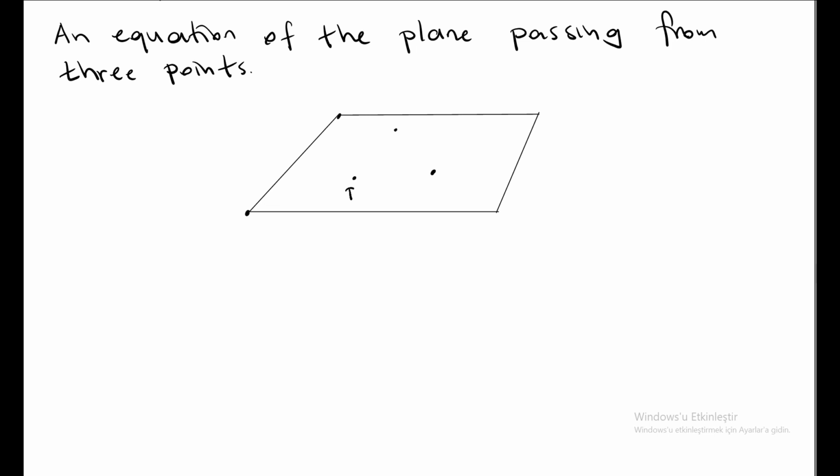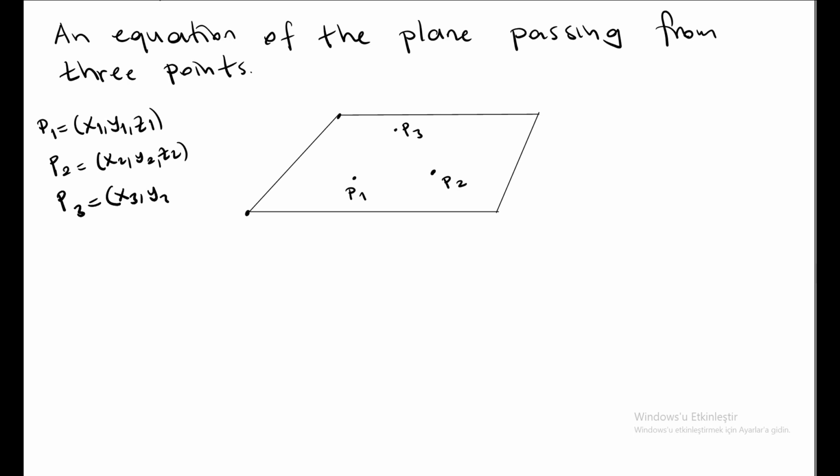Let's say P1, P2, P3. So P1 is (x1, y1, z1), P2 is (x2, y2, z2), and P3 is (x3, y3, z3).